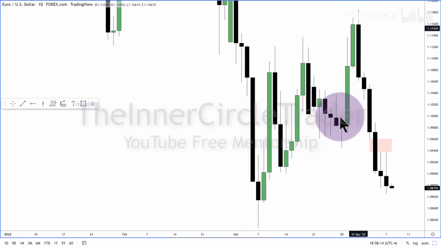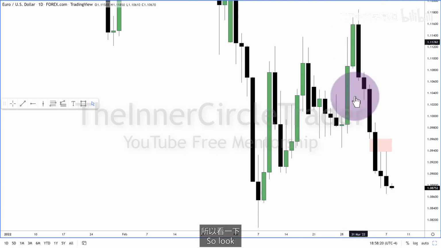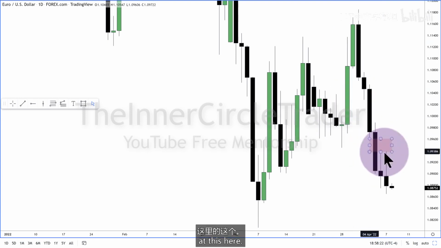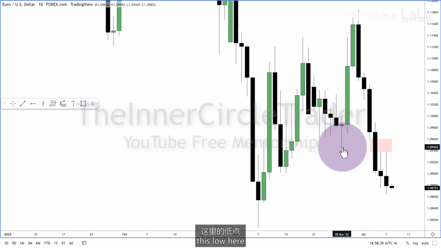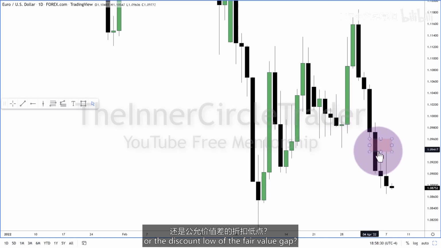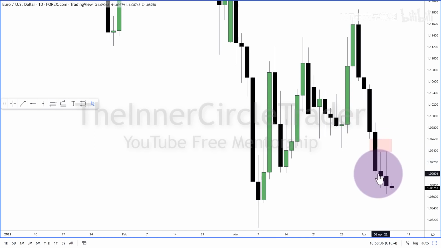Many of you would see that as my bearish breaker. It's not. Okay, so look at this here. Which is lower? Is it this low here, or the discount low of the fair value gap? In other words, this candle's high. Clearly, it's this candle's high.